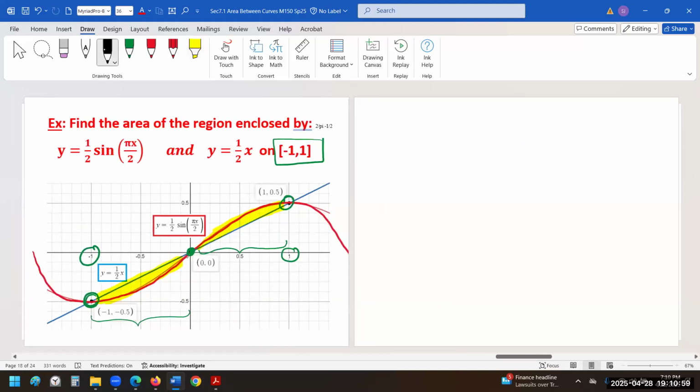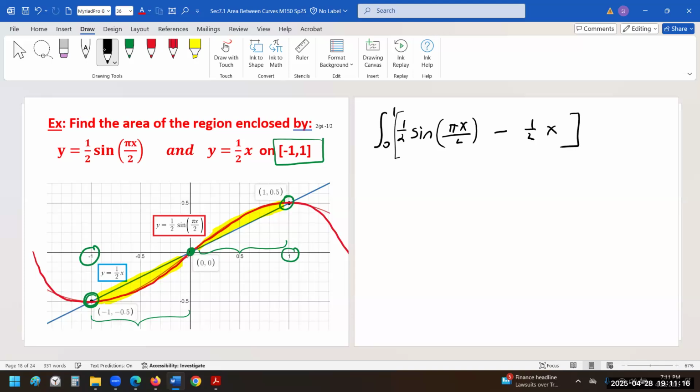So let's do that. We have from 0 to 1. In this part, our sine is bigger. So 1/2 sine pi x over 2. We are subtracting the line 1/2 x. And we are doing the antiderivative with respect to x. Now, for trigs, we have to use U substitution.